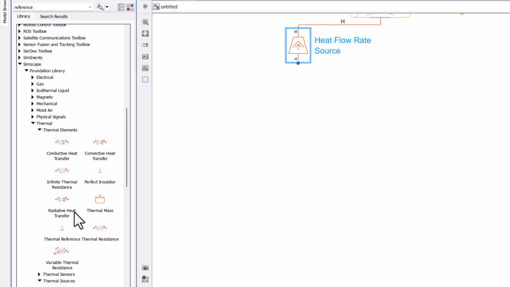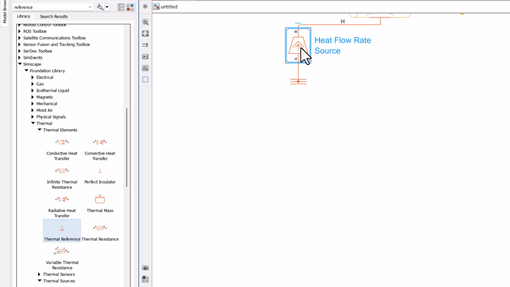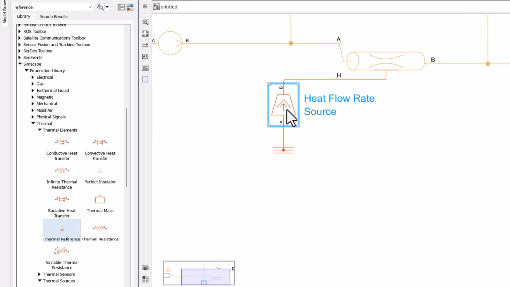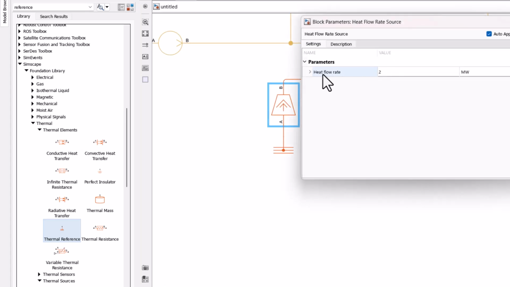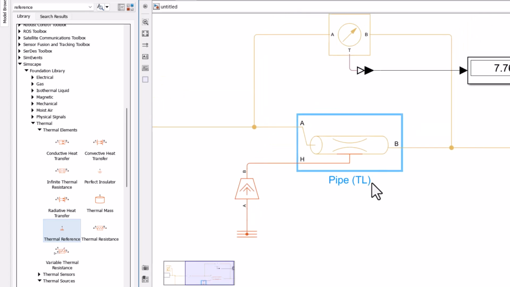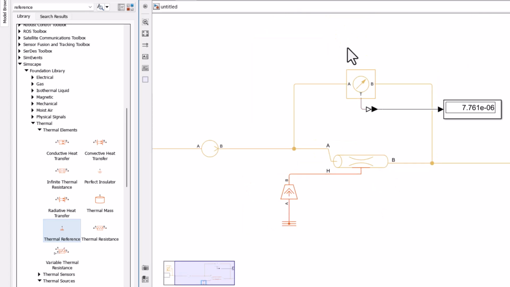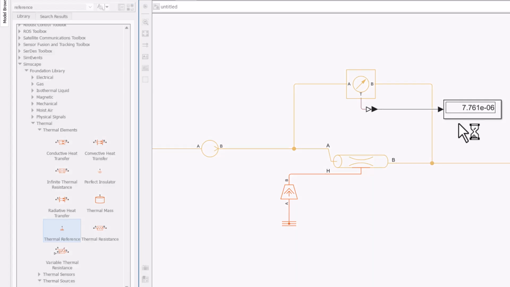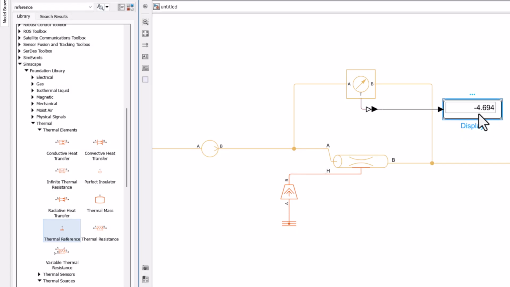And let me add the thermal reference here. So this block is basically going to add 2 megawatts of heat flow to the fluid in the pipe. Now, if I run the model, you see that there is some temperature difference.